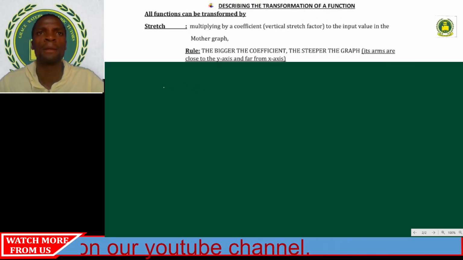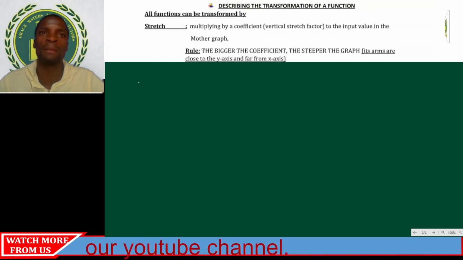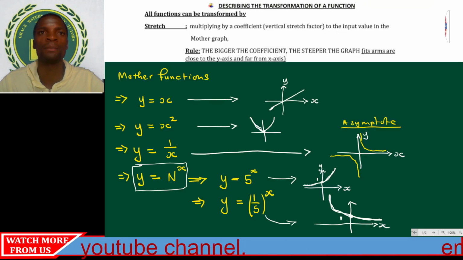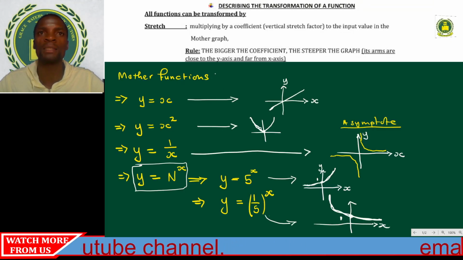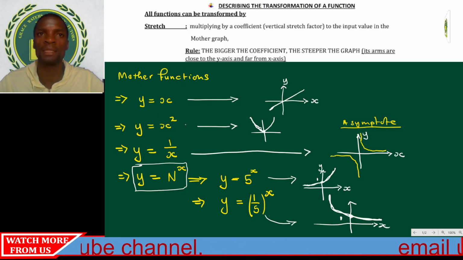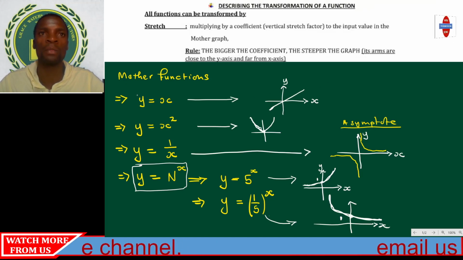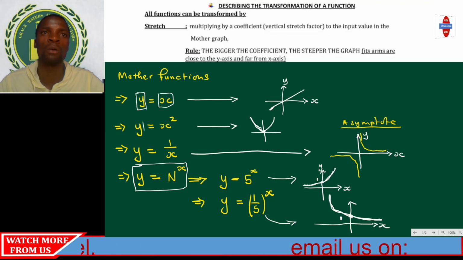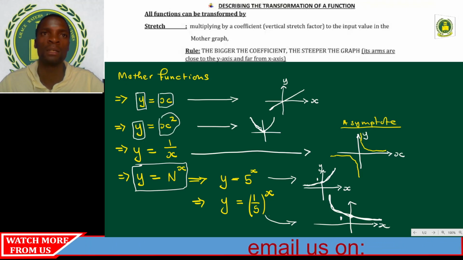As you have seen from the previous page, let me just go back. You would find that all the mother functions are showing us only one thing, the relationship between y and x. We only have the variables y and x related, here and also here in that nature.